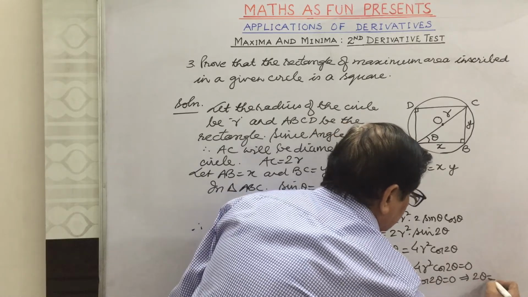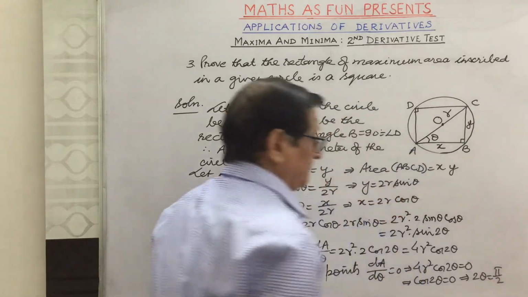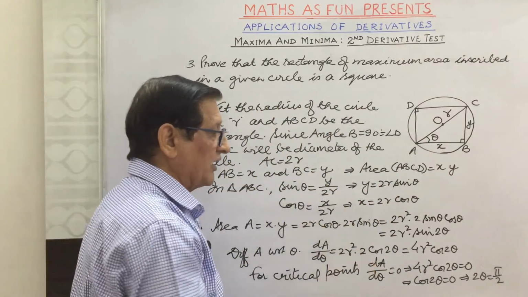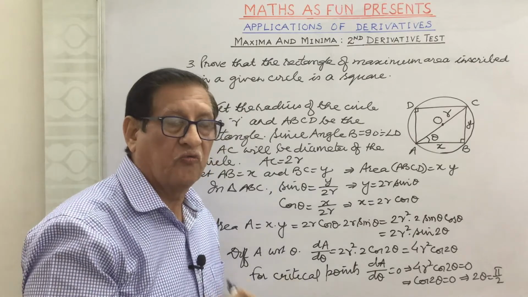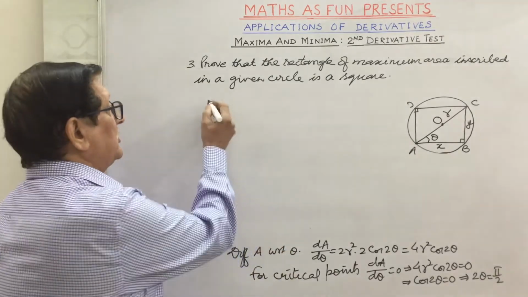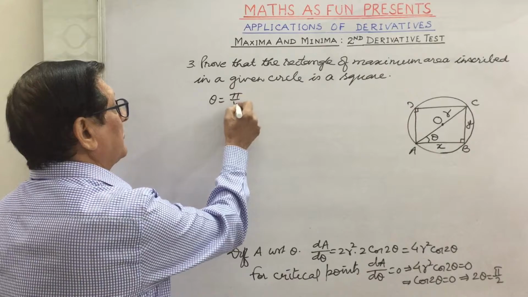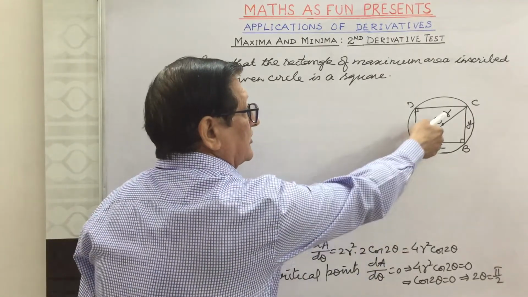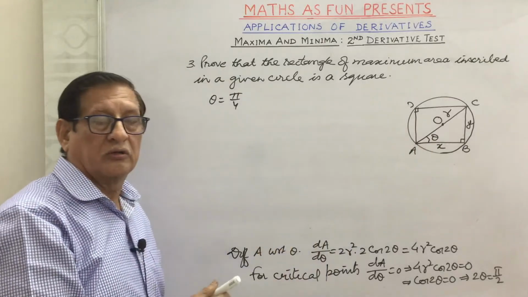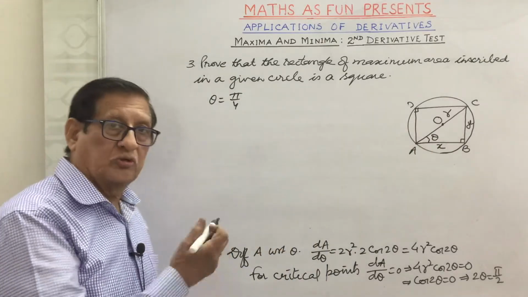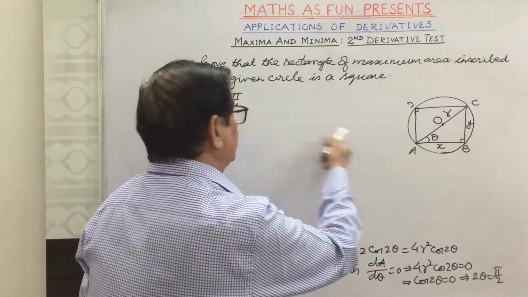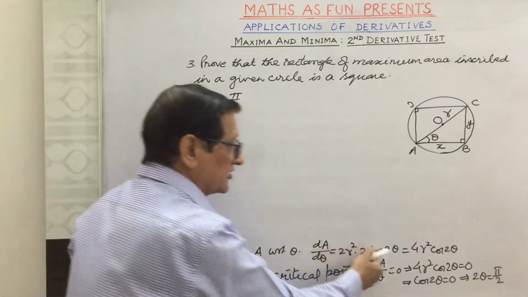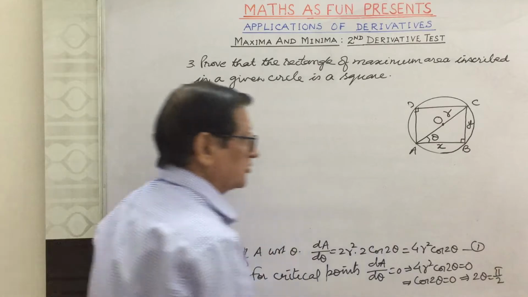It means 2 theta is equal to pi by 2. If 2 theta is pi by 2, then theta we will have is pi by 4. So theta is equal to pi by 4. We are taking this value. Why? Because theta here is an acute angle for rectangle. To see whether area is maximum at theta equal to pi by 4 or not, we will differentiate this 1 with respect to theta.